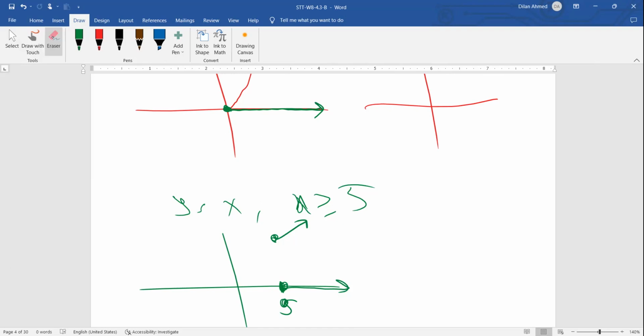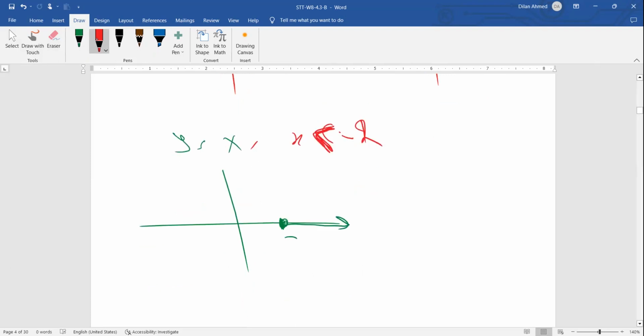Look, I'm going to change the example. If I say sketch the graph y equal to x, but x less than or equal to -2, how do we sketch that one? At the beginning, I say this is the graph.